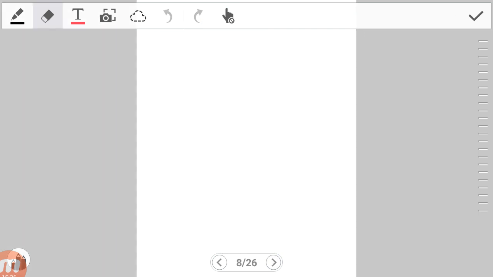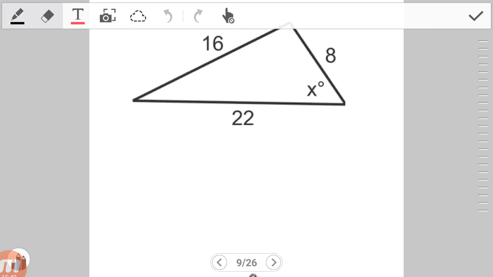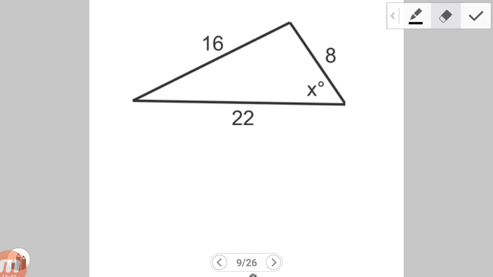Now, with that said, let's hop into an example where it makes a lot more sense for us to work this out. Here we are instructed to find the angle marked X degrees.